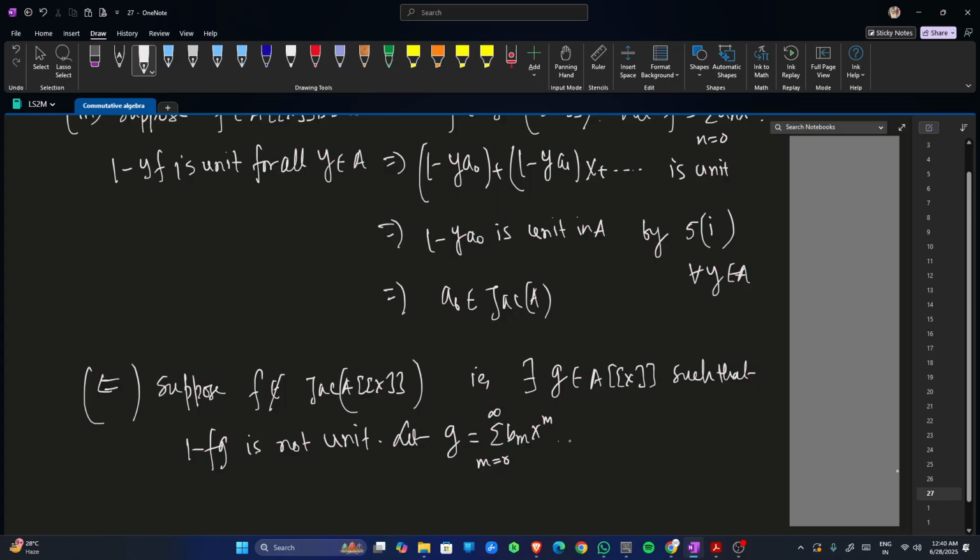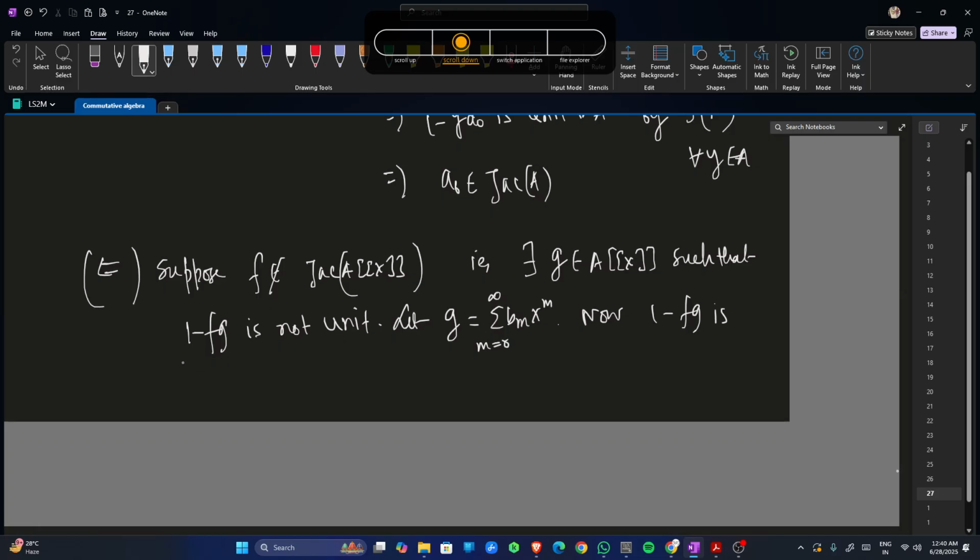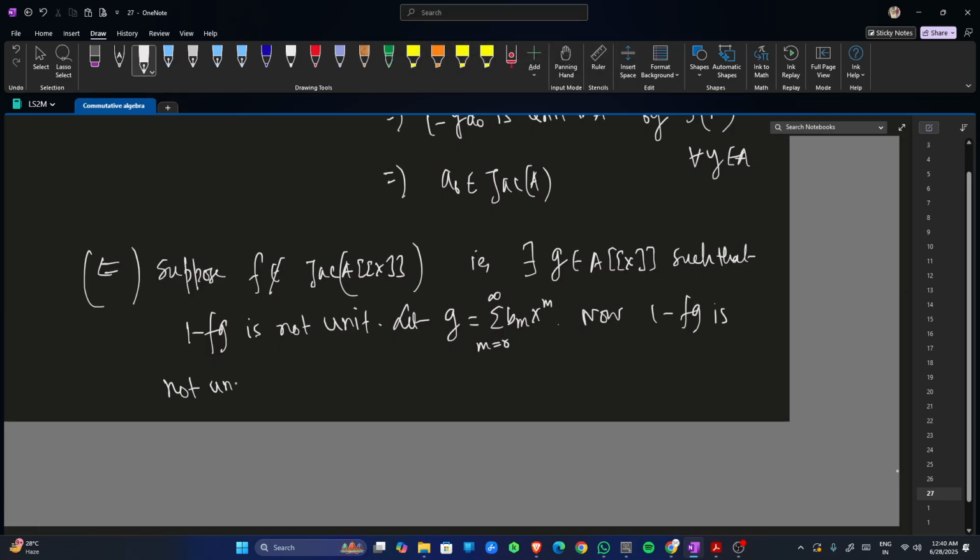Now 1 minus fg is not a unit, which implies 1 minus a0 b0 is not a unit, by 5.1 again. This implies a0 is not in the Jacobson radical of A. Proved.